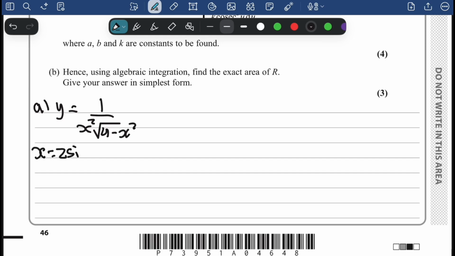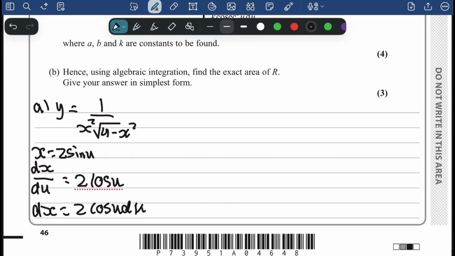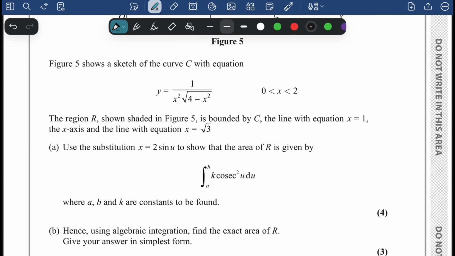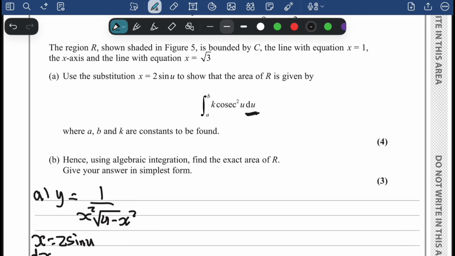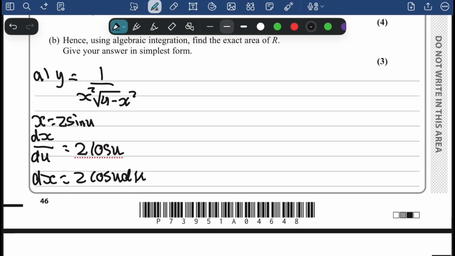So whenever we're using integration by substitution, right, we're always going to want to differentiate our substitution, right? So dx by du is going to be 2 cos u, which then means dx equals 2 cos u du. And then we see that we have du here, right? So that means we're going to be substituting du in.